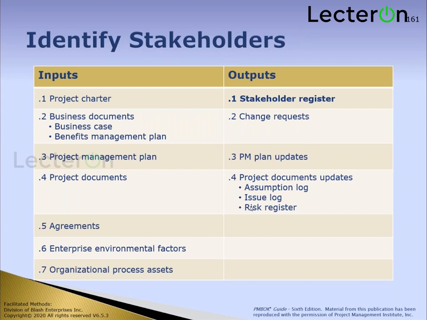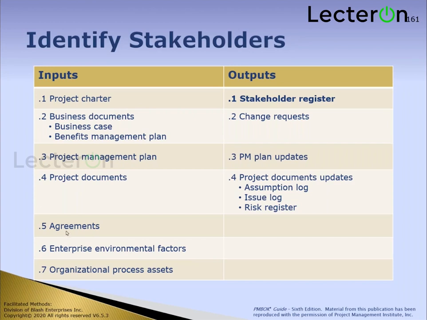But when you come back and do it the second time and the third time, on and on, you will start to pull additional documents in. Okay? And sometimes those documents are going to help you identify new stakeholders. To start out with, though, first time in here, all you have is your project charter, which you created from the previous process, and your business documents that are coming in that might identify the type of stakeholders you would have.